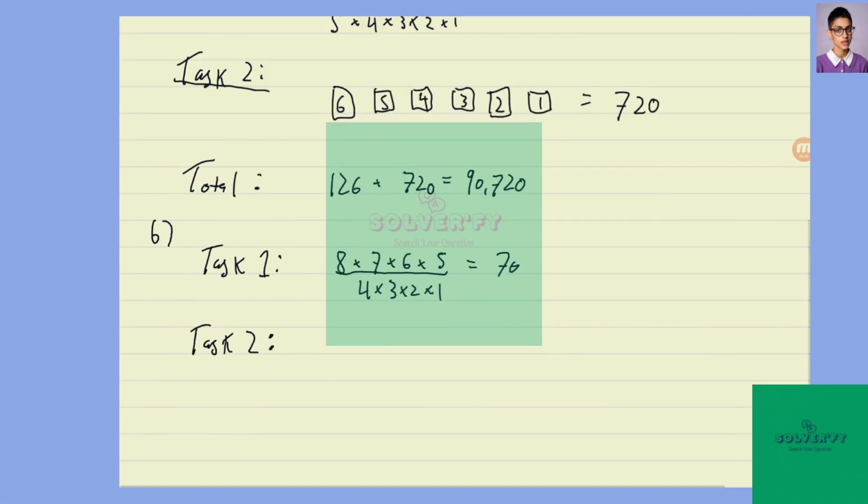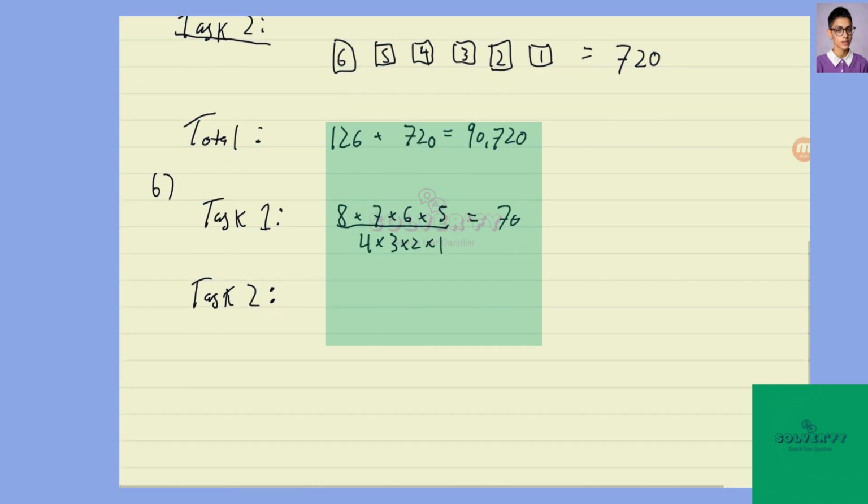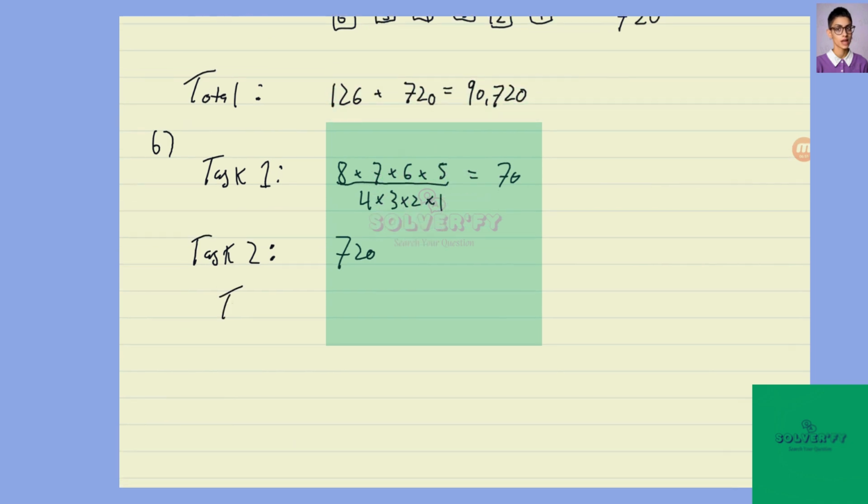So the arranging step is actually going to be the exact same. We'll have 720 ways of arranging our new group. So we'll have 70 times 720 different ways. So total, 70 times 720, which is going to be equal to 50,400 ways.